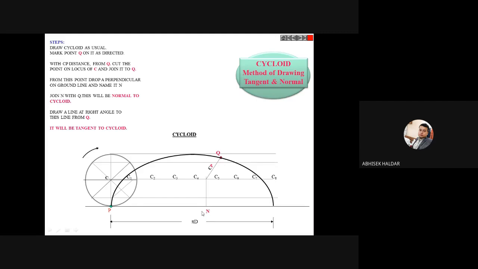Let that point be my N. So this vertical line is cutting the straight line path at N. Once I get this N, take your scale, from this point N join Q and extend. That is basically the normal to this cycloid curve.